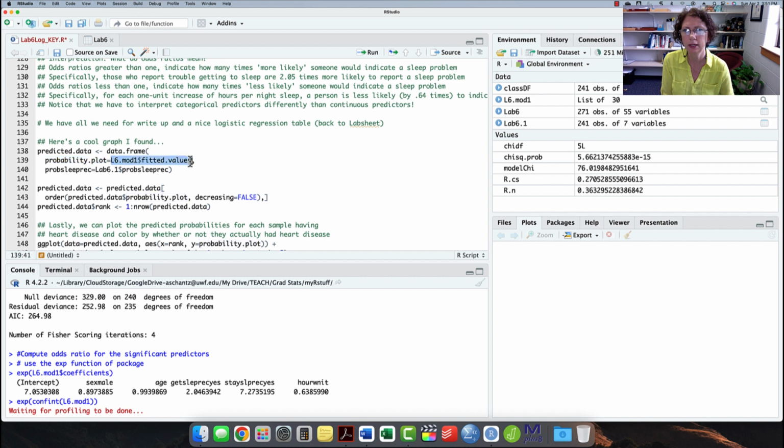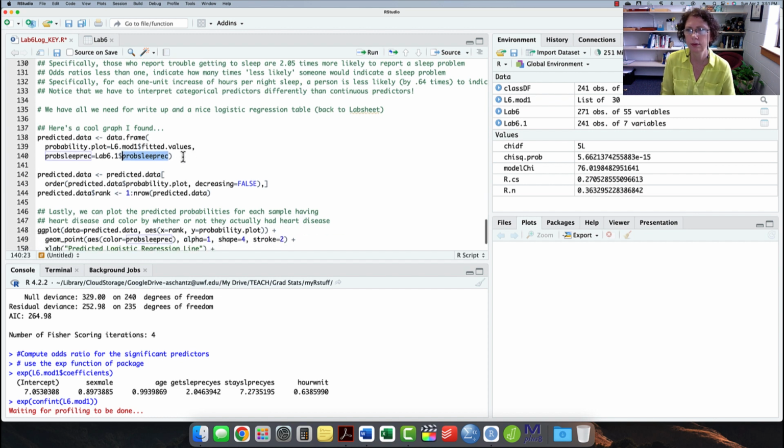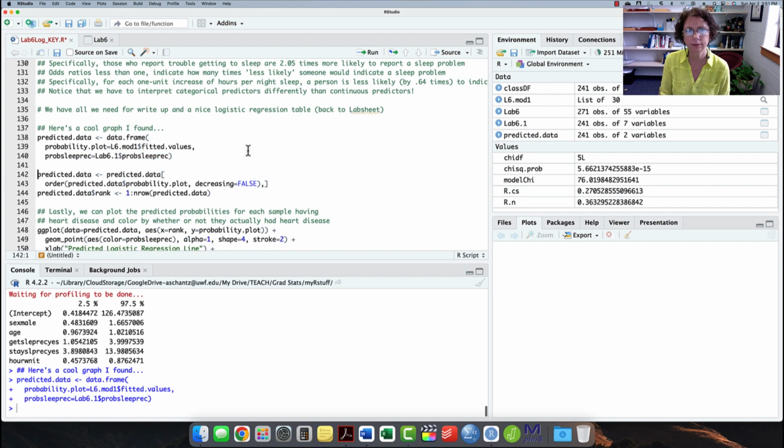What values go into that variable? It's going to be the model predicted values. And then I'm going to have another variable called prob sleep, which is going to be the actual observed data of prob sleep. So running that, I now have a new item in the environment with just those two variables I told it to have.